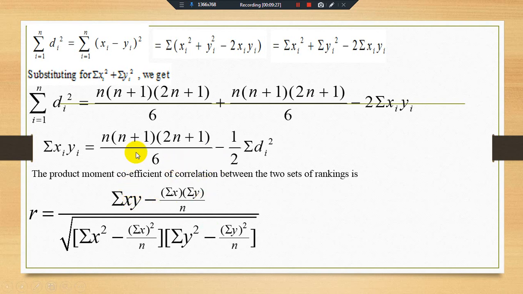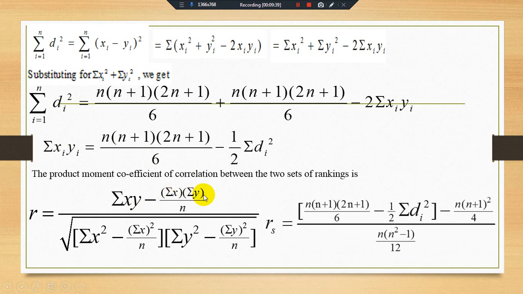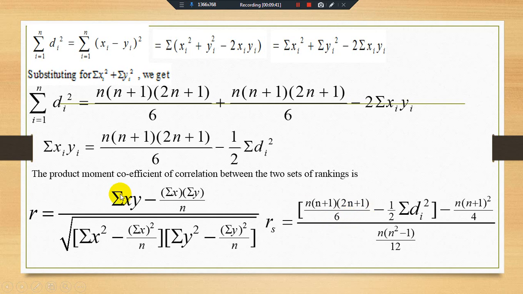So after putting the values, we put the summation xi yi value here and minus summation x and summation y value, we get this. So see, here we have the summation x value and minus this part divided by n, and both the summation x square and summation y square part is equal to n into n square minus 1 divided by 12.